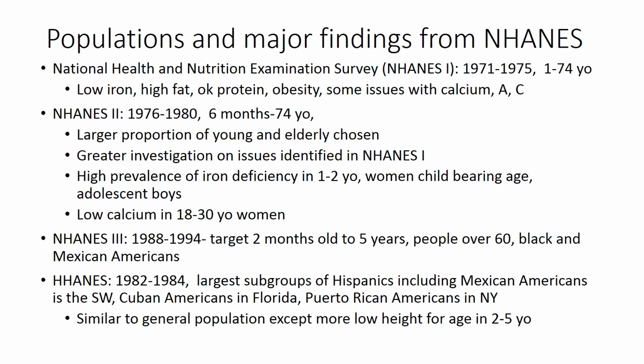And then in the 80s, we started HHANES. This is looking at the largest subgroups of Hispanics in the United States living in certain pockets of the country. And we found out that their nutrition issues were very similar to the general population, although we were possibly seeing some stunting in younger children.